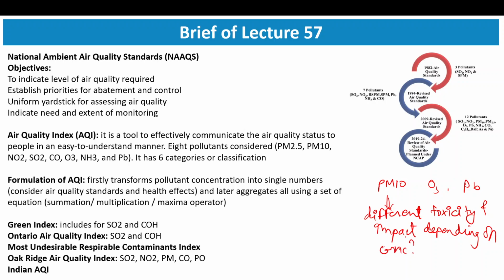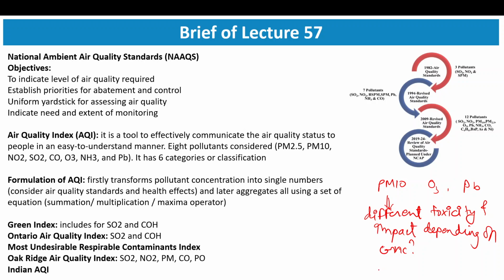So it might happen that lead might be more toxic at lower concentrations as compared to ozone, right? So depending on the concentrations, the toxicity amount might be different, right? So you need a parameter that gives you the idea of what toxicity level it imposes.